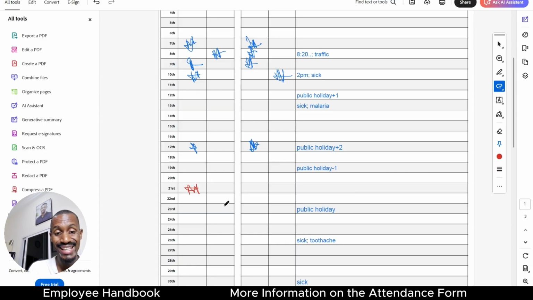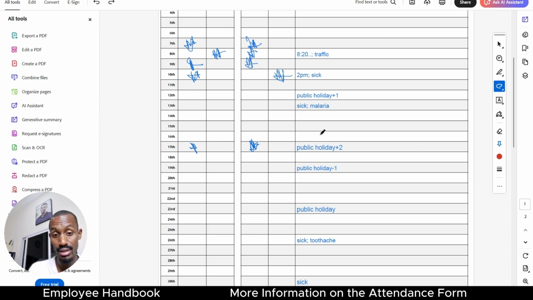No employee is allowed to use red pen on their form unless you are verifying. The red pen will contrast the blue pen. You can use black pen, gray pen, yellow pen, any type of color, but do not use red pen. Red pen is only reserved for the admin, the verifiers.